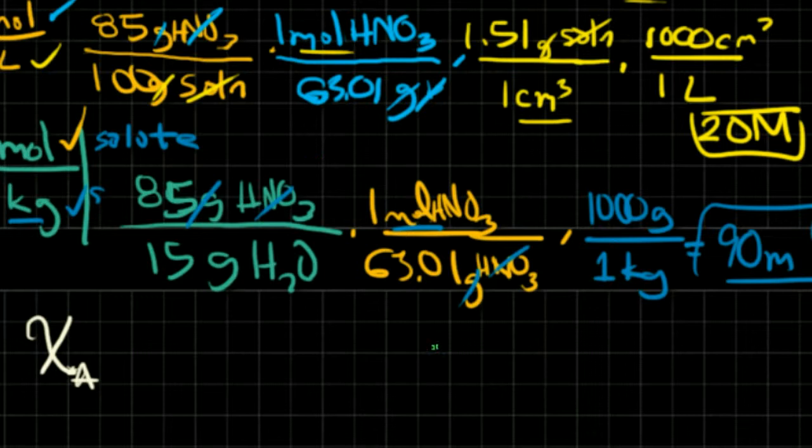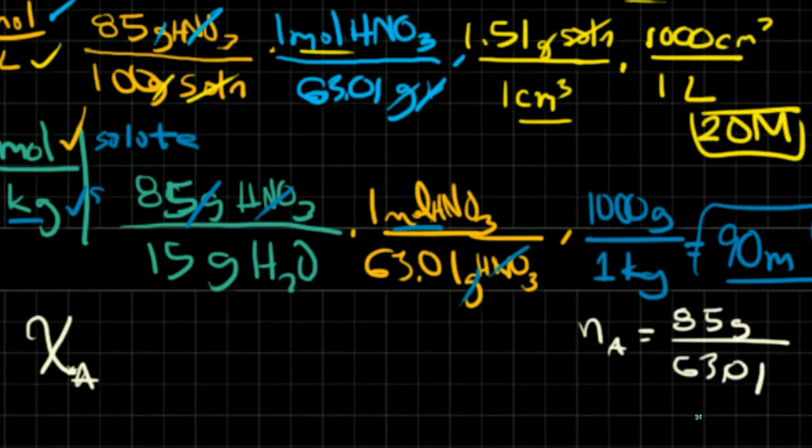B will be my solvent normally. So the moles of A is going to be 85 grams divided by 63.01.